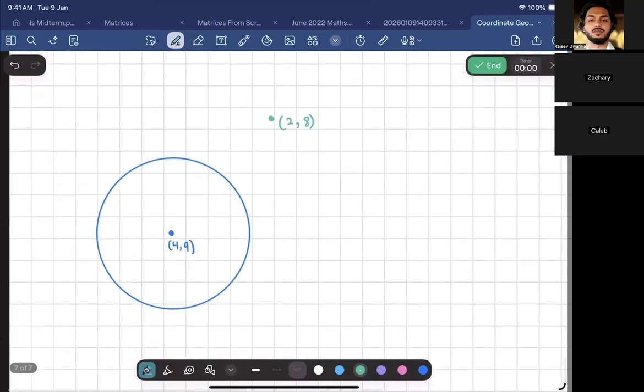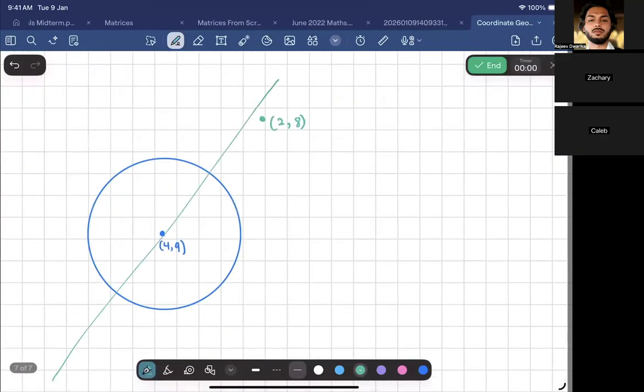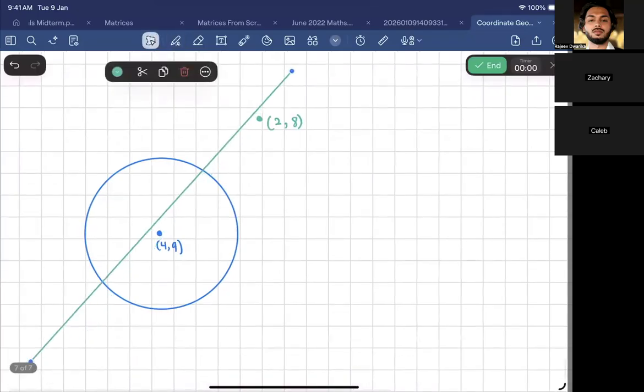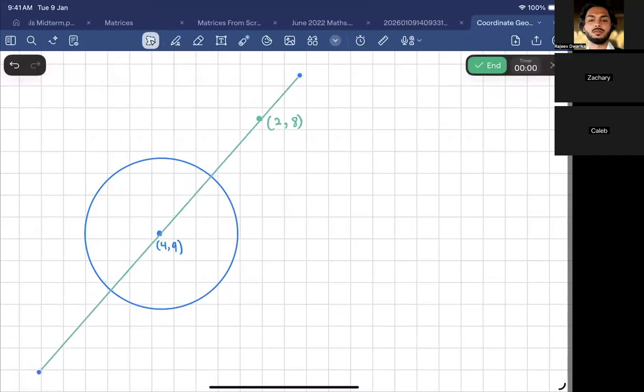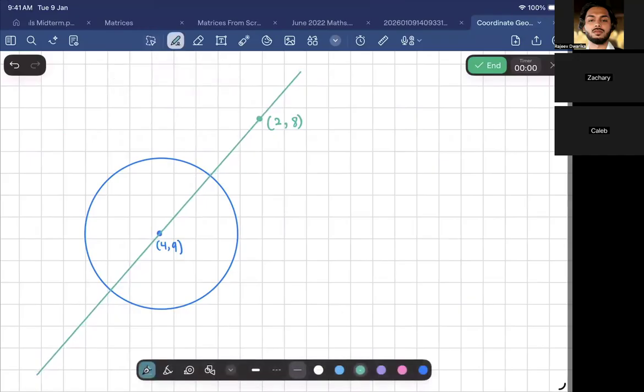And the normal would be this line over here. Yes or no? If you're confused, tell me. It's okay. Are you confused, Zachary? No, sir.